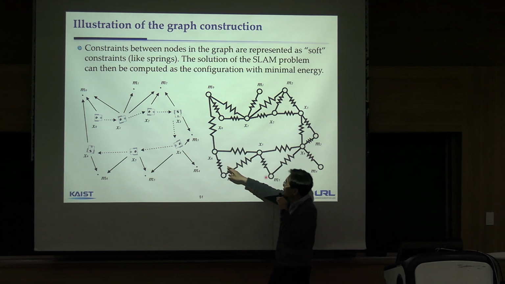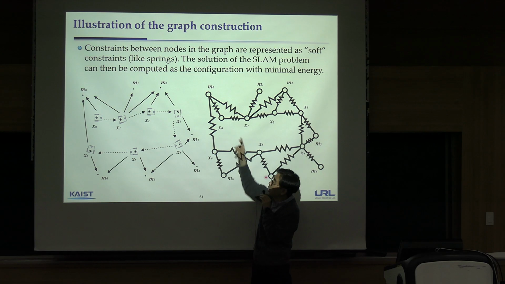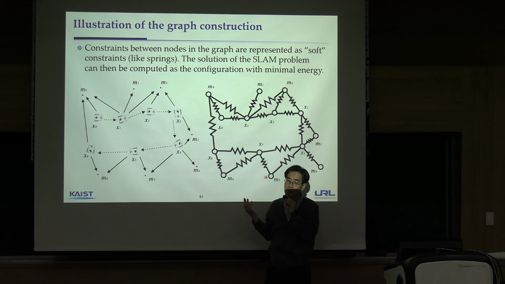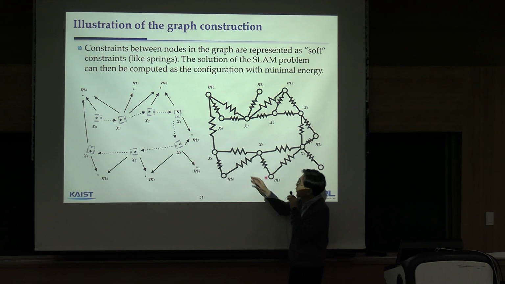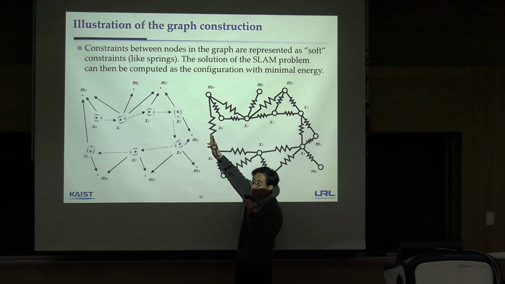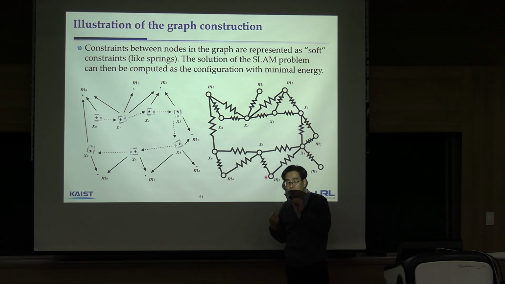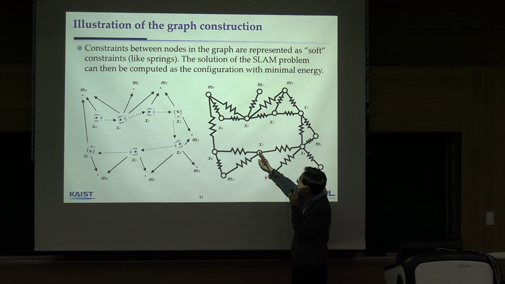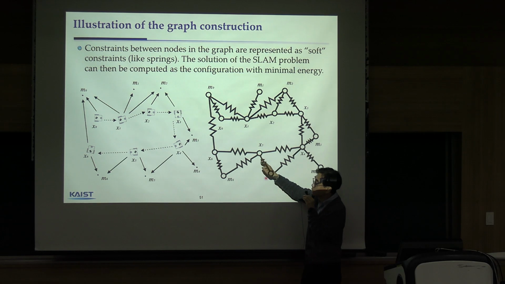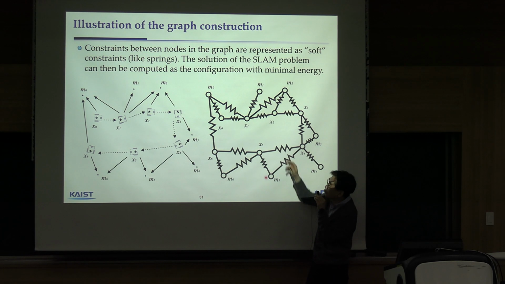And at this location x6, we again observe m0. Then what happens? We have a very strong constraint in here. That means using this strong constraint, we can modify these previous locations, x5, x4, x3, x2, x1.